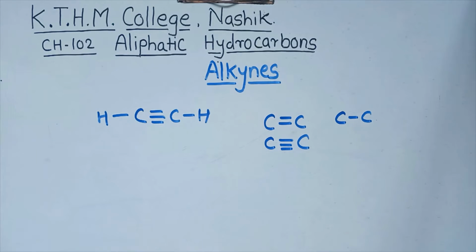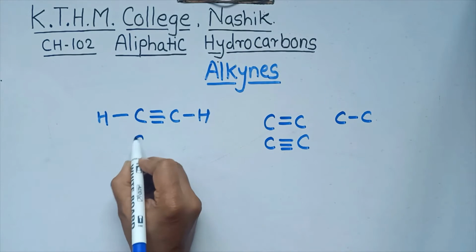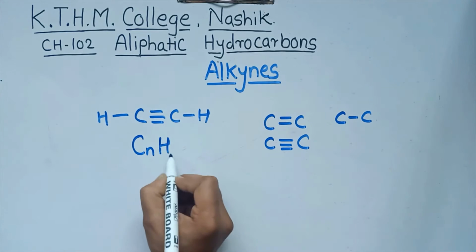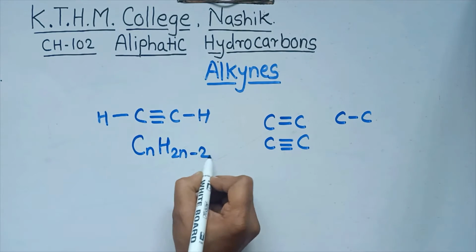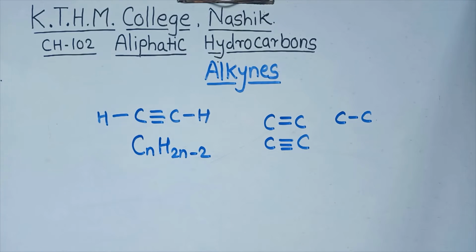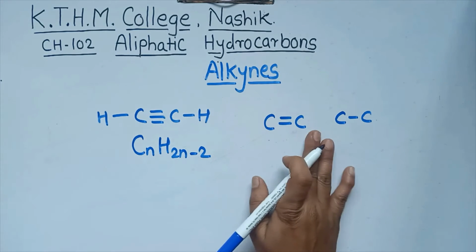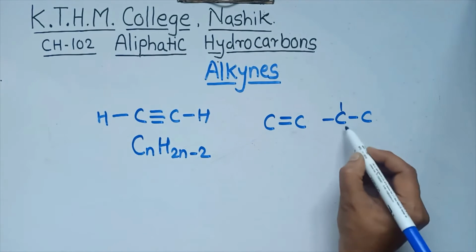Okay student? These alkynes have 4 hydrogens less than the alkanes. Hence, the general formula for these alkynes is CnH2n minus 2. This is the general formula for alkynes, and it has 4 hydrogens less than the alkanes.